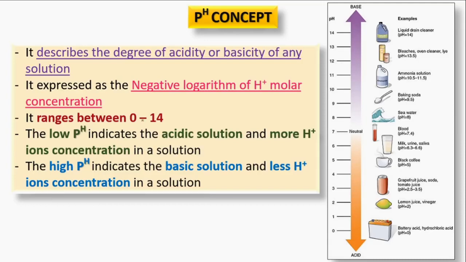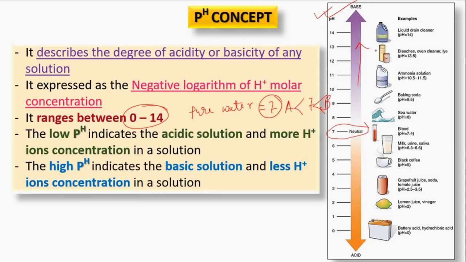The pH ranges from 0 to 14, and pure water shows a pH of about 7. That means neither acidic nor basic. An acidic solution or acid shows lower than 7, and the basic shows higher than 7.